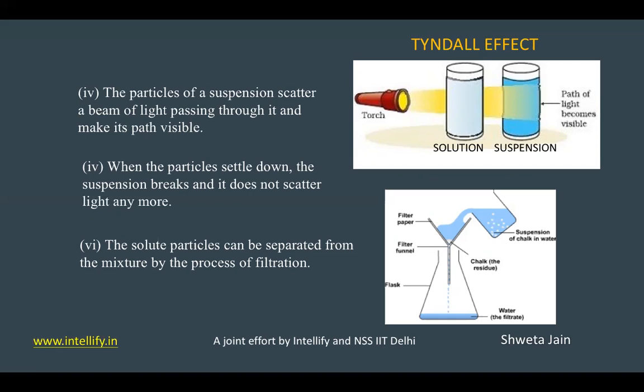So it is easy to separate chalk from water through filtration because chalk is not dissolved in water. That's why filtration is a process for separating the solute particles from the solvent in a suspension.